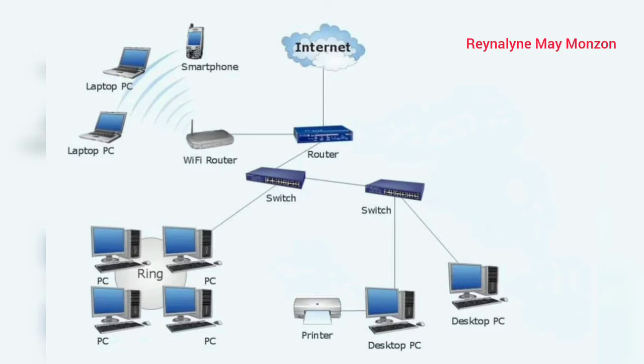The router must also be connected to a modem or our Wi-Fi router. We were going to connect the Wi-Fi router to the router. The modem's job or the Wi-Fi router's job is to bring the internet service from a provider, usually a cable or phone company, into the office.